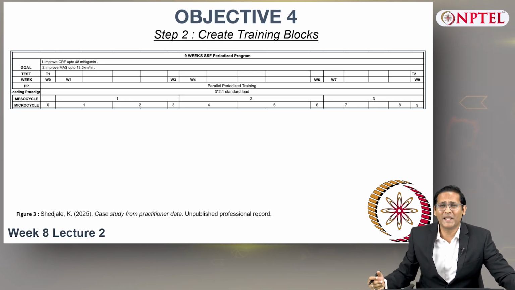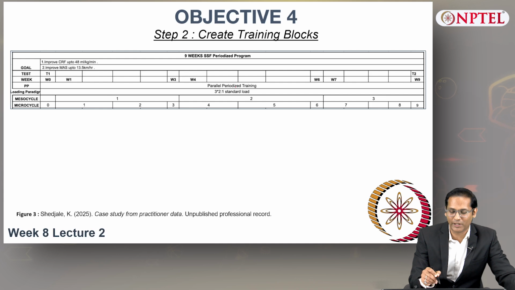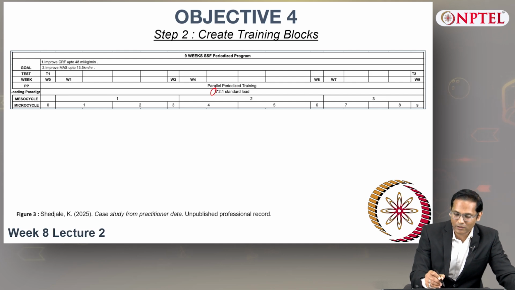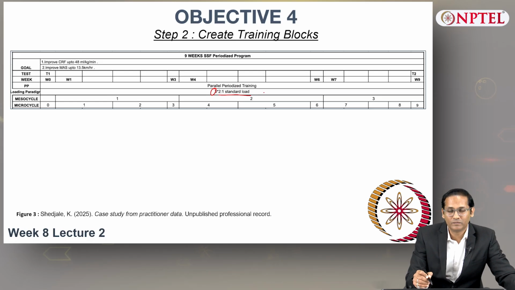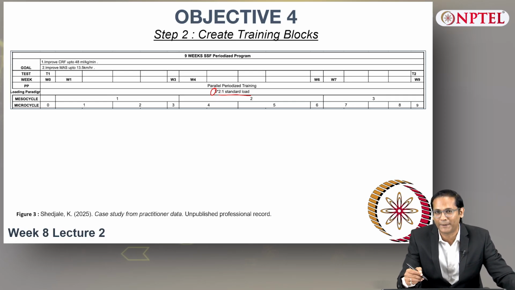Now, creating the training blocks. Now we have 8 weeks in our time, and the training periodized block that is created is 3 cycles of 2:1 standard load, where 2 represents the number of weeks where stimulation is given back to back, which means the number of weeks where you are giving a progressive overload back to back.